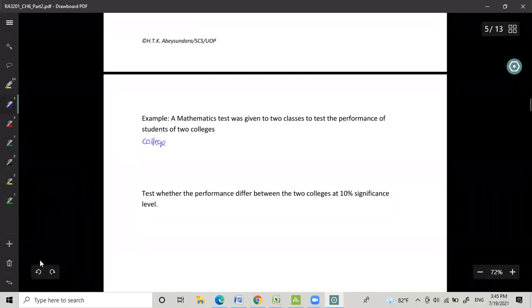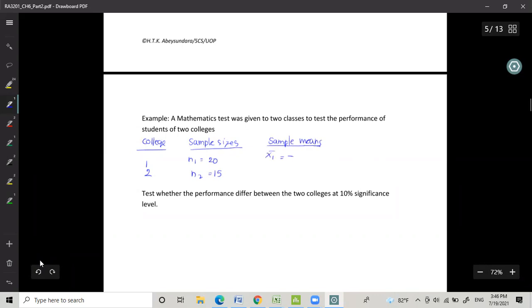This is college 1 and 2. The sample sizes: n1 is 20 and n2 is 15. That's possible, right? When you have independent samples, you can have different sample sizes. Then these are the sample means.